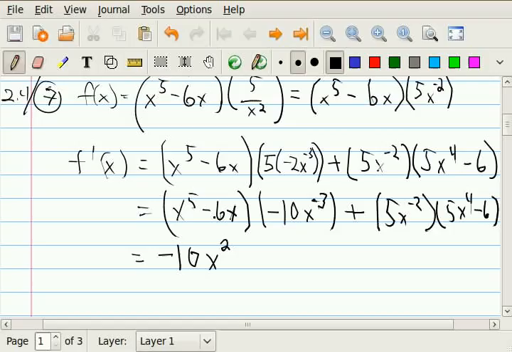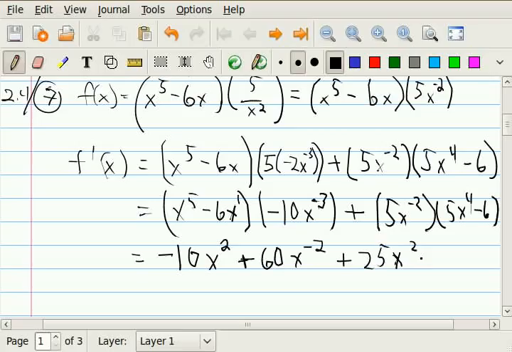And then I multiply these terms together and I get positive 60 x to the power negative 2, because that's x to the power first, and when I combine those, I add the powers. And I have to distribute here. So I get 25 x to the power, it'll be positive 2, right? I'm just multiplying 5x to the negative 2 times 5x to the 4th.